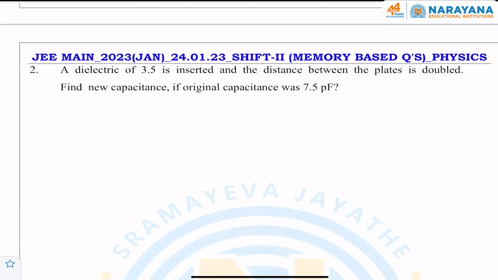Next question. A dielectric of 3.5 is inserted and the distance between plates is doubled. Find the new capacitance if the original capacitance was 7.5. Let us consider the original capacitance of the capacitor as C0, which can be written as epsilon naught A by D. Suppose this is the original capacitor.